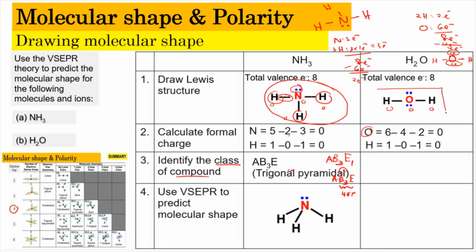However, this is not the best drawing according to VSEPR. So in order to do that, we need to identify the class. For the water here, the class is going to be A, which represents a central atom. It has 2 bonding pairs, so it's going to be B2, 1 and 2, and then it has 2 lone pairs, 1 and 2. So it's going to be AB2E2. So the number of electron pairs is going to be 4.